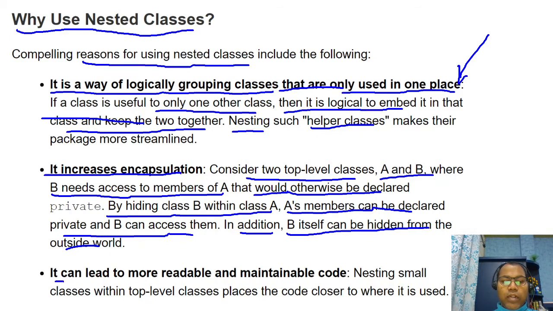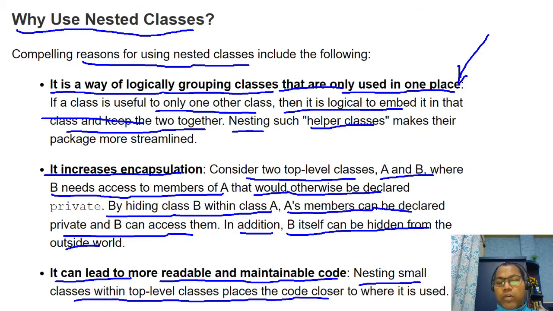and it can also lead to more readable and maintainable code, because we logically group related classes. Nesting classes within top-level classes places the code closer to where it is used.